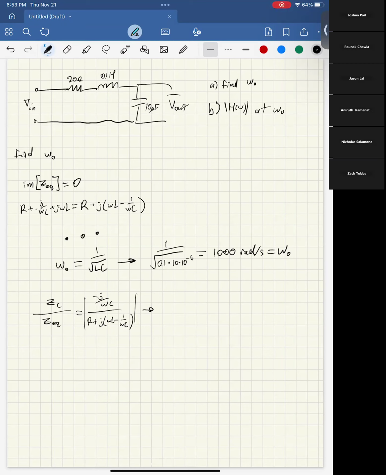So that would become 1 over omega C, simply, over the square root of R squared plus omega L minus 1 over omega C squared.